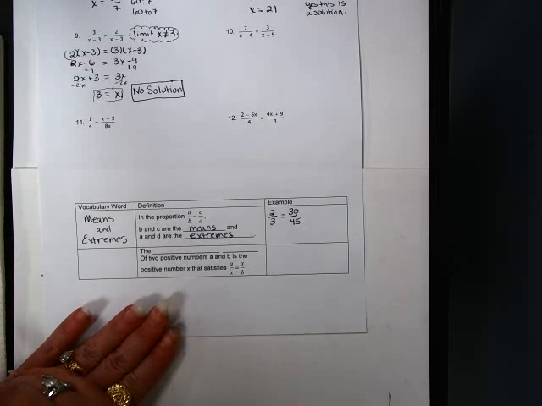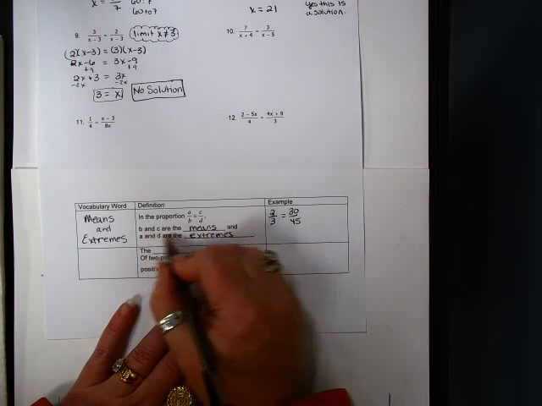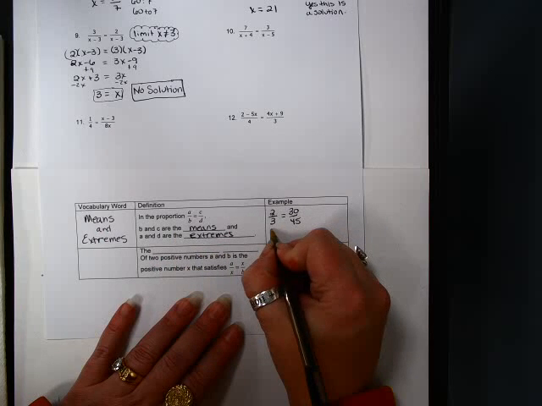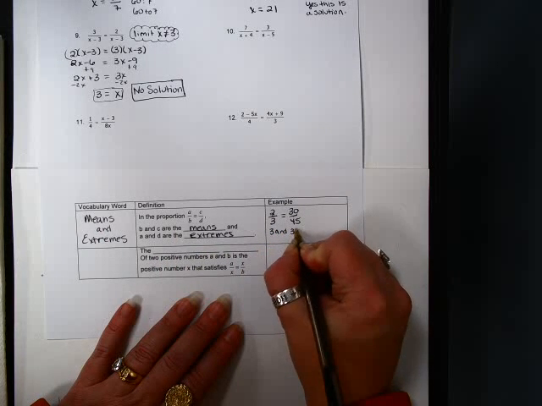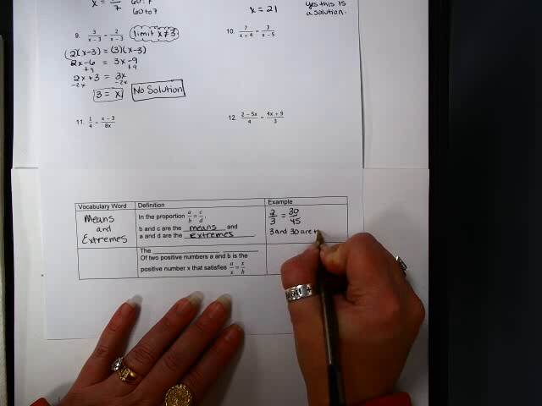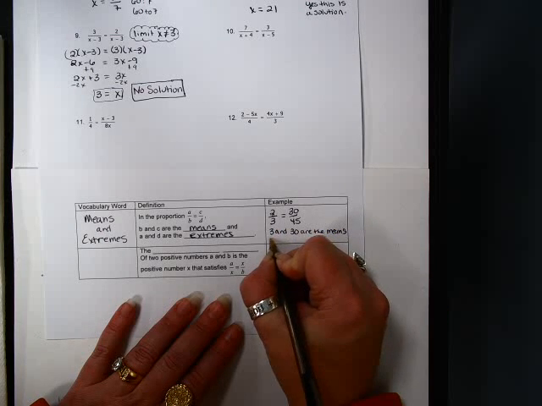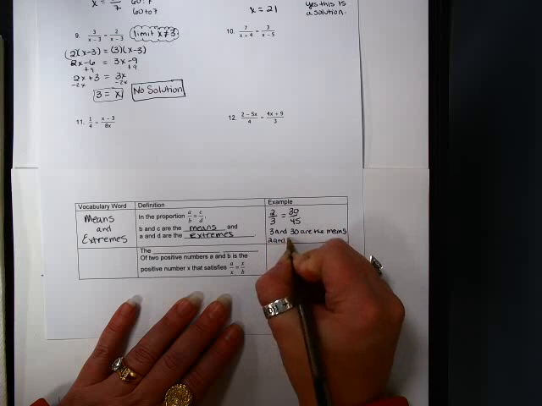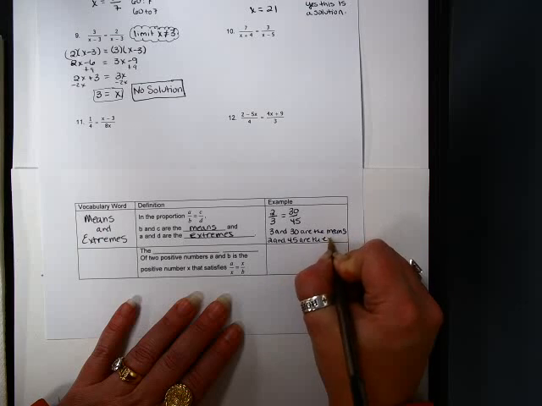And I wanted to pick this one so that you could see that according to this definition, the 3 and the 30 are the means, and the 2 and the 45 are the extremes.